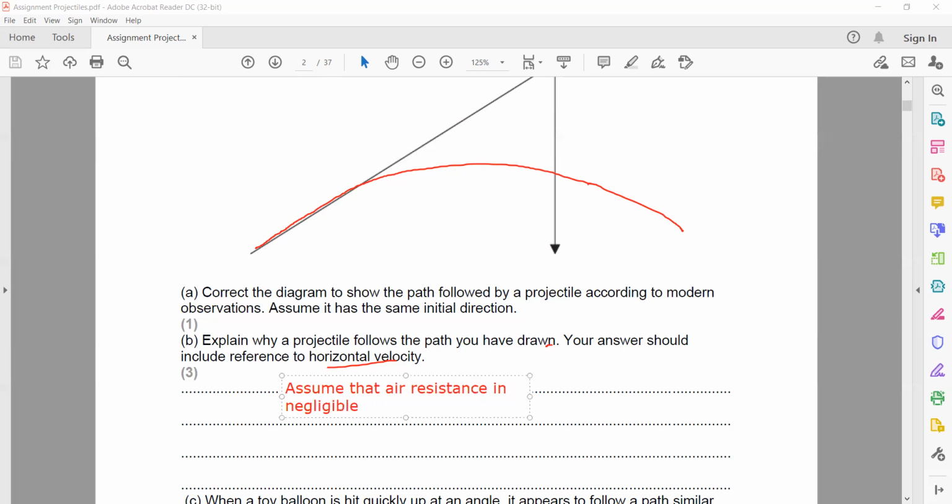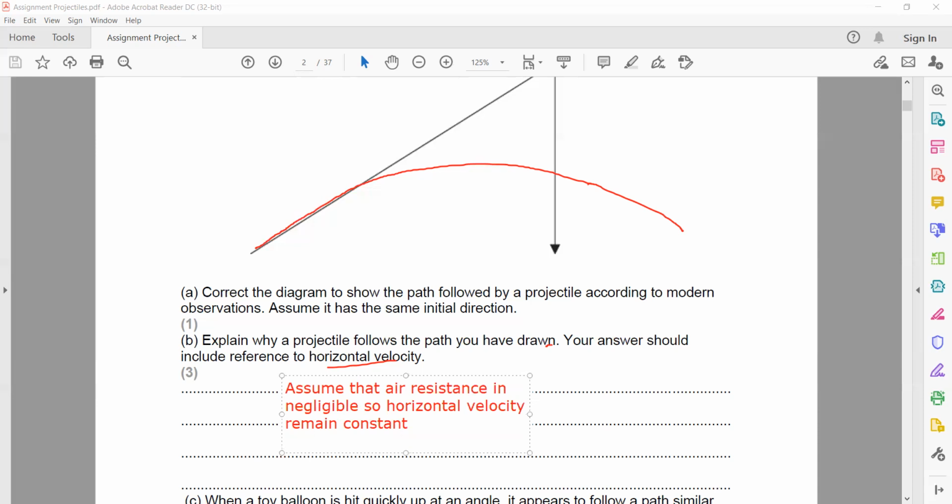That's our first assumption. And what is the effect of this air resistance being negligible? So the horizontal velocity remains constant.